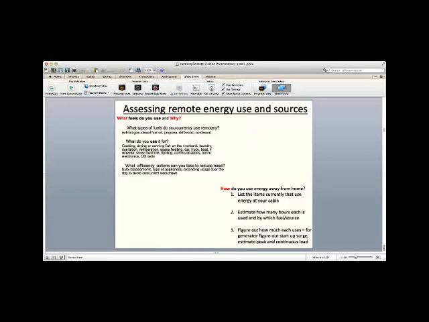And then figure out generally how much each device really needs to operate. So you might have, again, a stove for heating food, and you might be able to figure out a way in which you can consolidate meals.